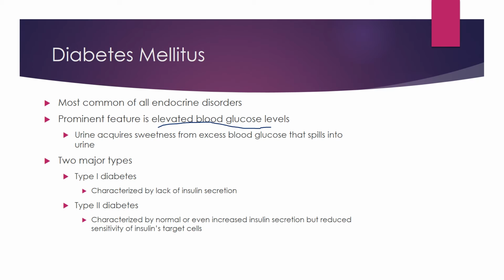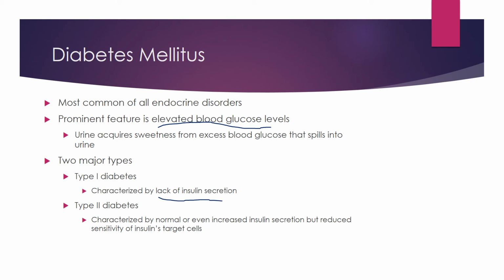There are two main types, type 1 and type 2 diabetes. Type 1 is due to a lack of insulin secretion. Typically, this is known as childhood diabetes, because it is not due to environmental causes; rather, it will be genetic or expressed early in life.